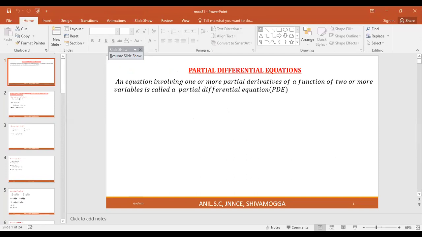Actually, what is the differential equation? We studied one big module of differential equations and its solutions. I told you in the first class itself what is a differential equation and what is the solution of a differential equation. Can anyone explain what is a differential equation?